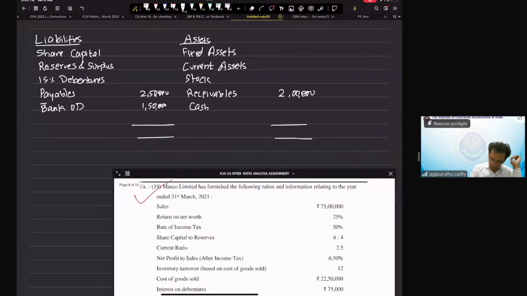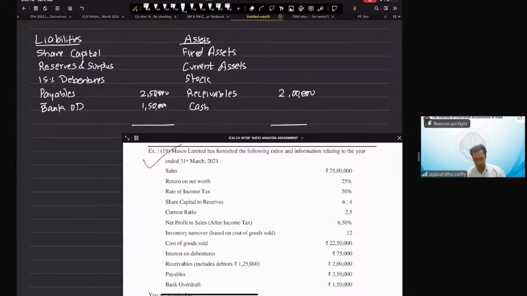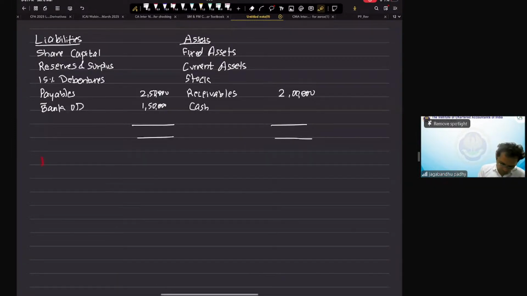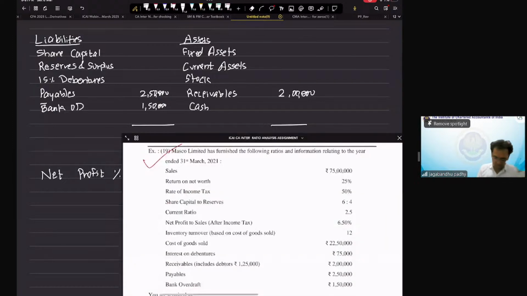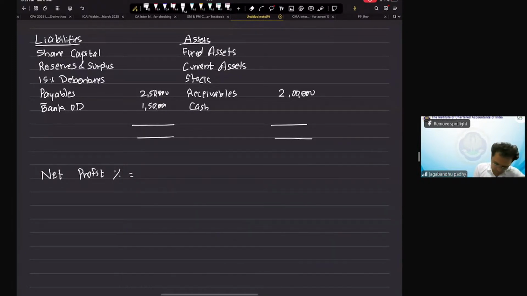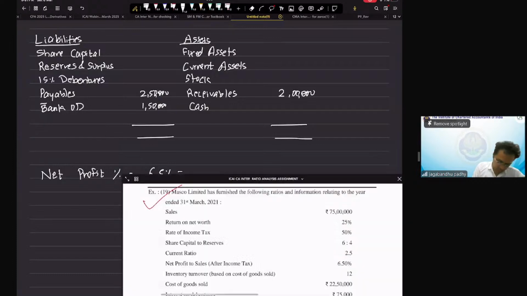Okay. Then we have information of sales, return on net worth, rate of income tax, and so on. Let's start taking the ratios one by one. Now we have the sales number, and along with sales, we have the net profit number. How do we get that net profit number? Net profit percentage, net profit to sales, is 6.5%.